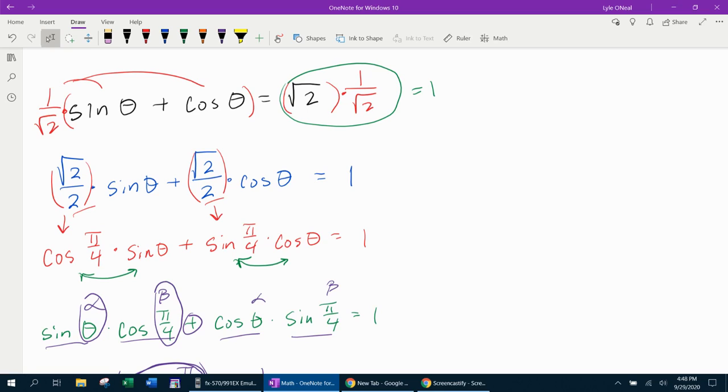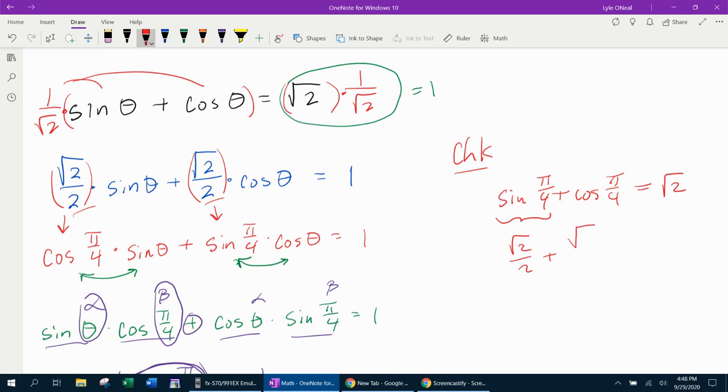And if I want to, I can plug that back in and check it, which I think I'm going to do, okay? So let's see, sine of pi over 4 plus cosine of pi over 4, does that really equal square root of 2? Well, sine of pi over 4 is square root of 2 over 2. Cosine of pi over 4 is also square root of 2 over 2.